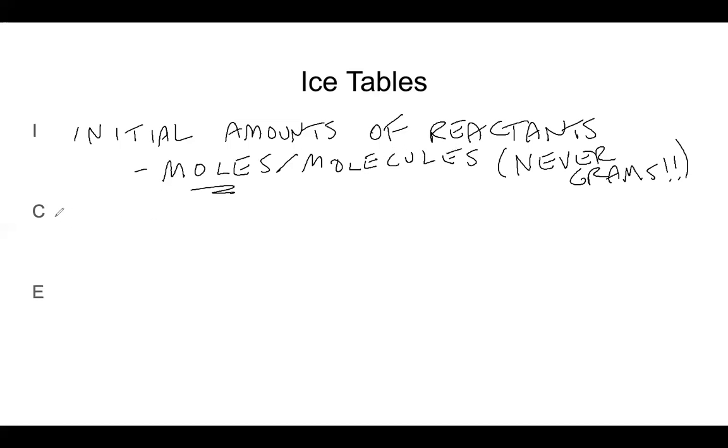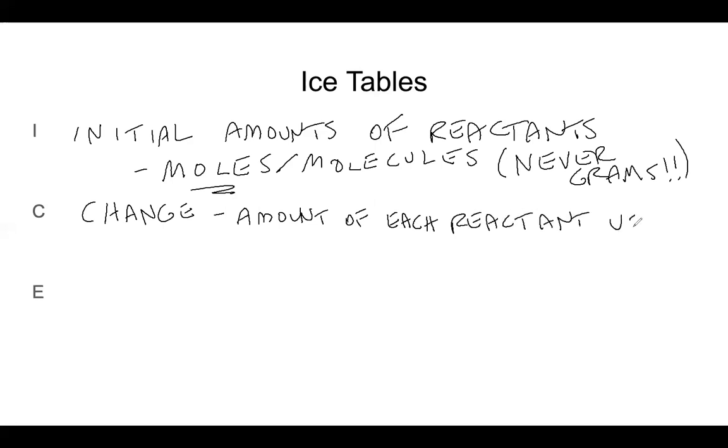That's easy. Okay, C in our ice table stands for change. And this will be the amount of each reactant that gets used, and the amount of product or products. And again, we're going to use moles or molecules for the change.